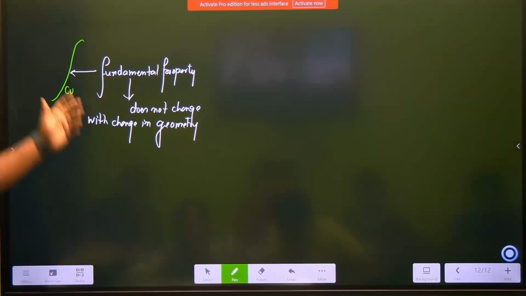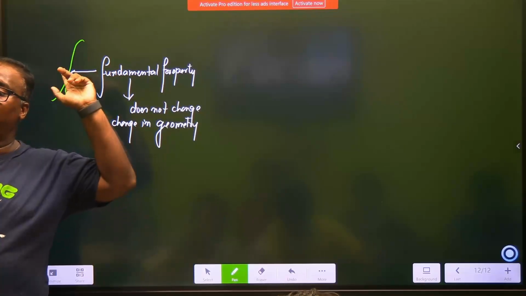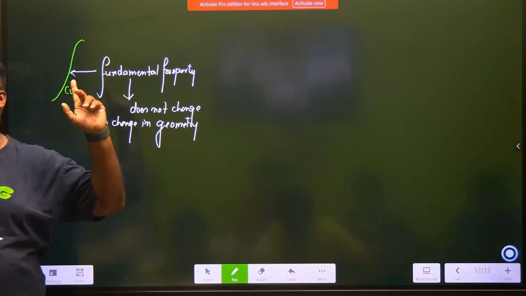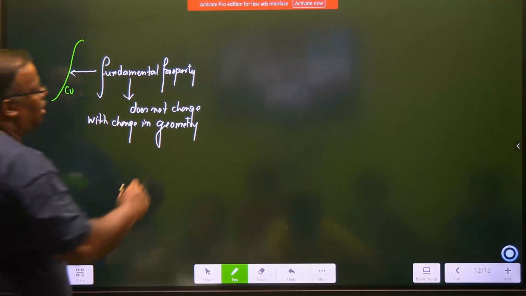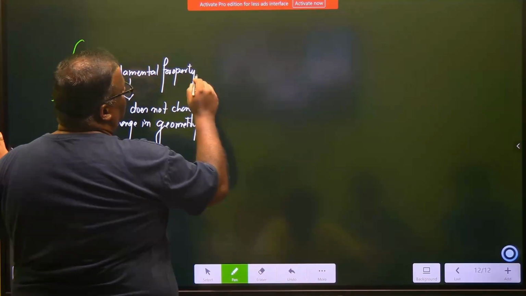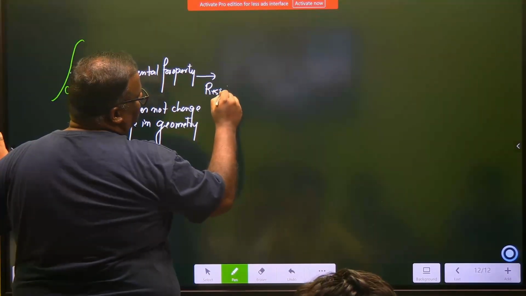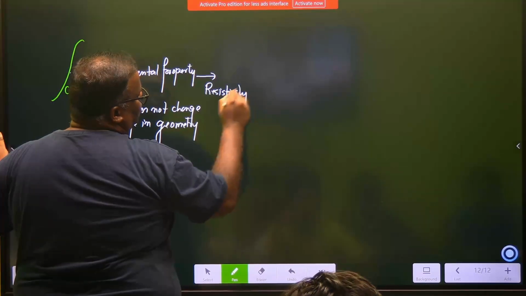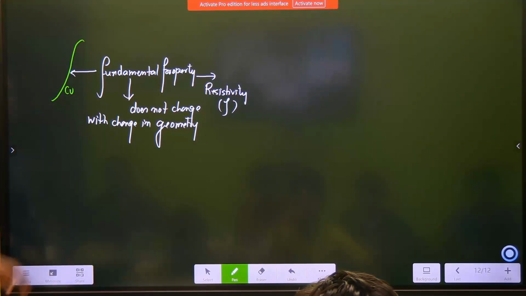This wire is there. You turn it, curl it, twist it. There is some property which does not change with its geometry. Have you understood? That property, no, not Ohm's law. That property is known as resistivity, which is rho. So based on this, what I'm trying to say is that I used copper.